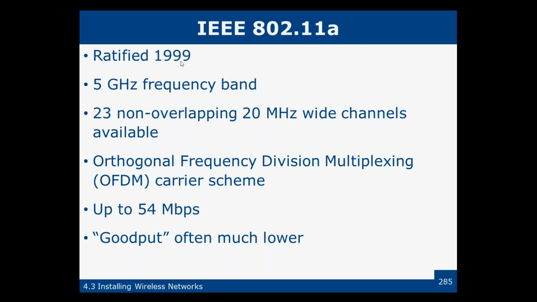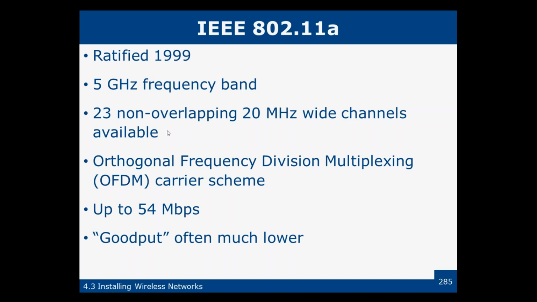The 802.11a standard was ratified in '99, 5 gigahertz frequency band, higher frequency, and when we go to higher frequency, the higher the frequency, the shorter the distance it's going to go. The higher frequencies get absorbed quicker than the lower frequencies do.